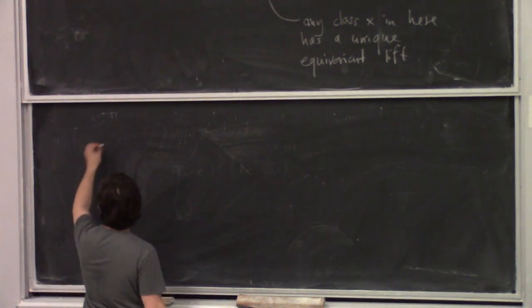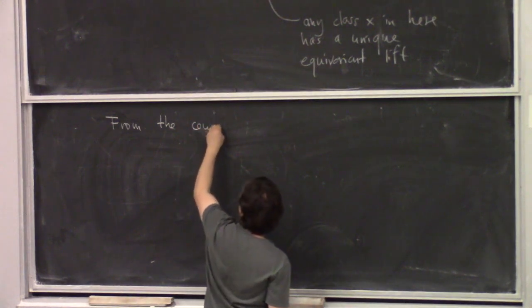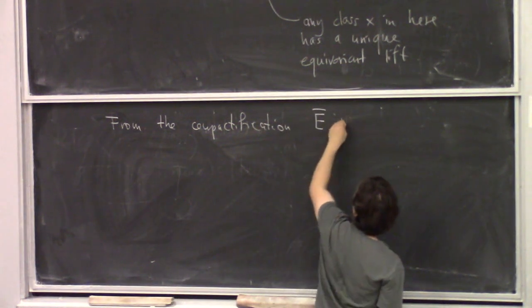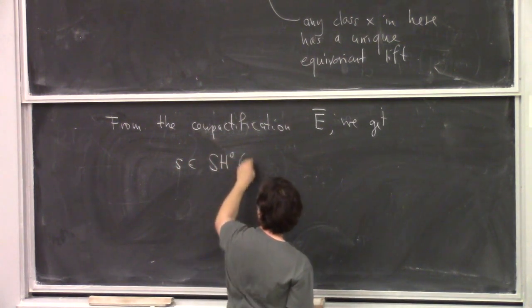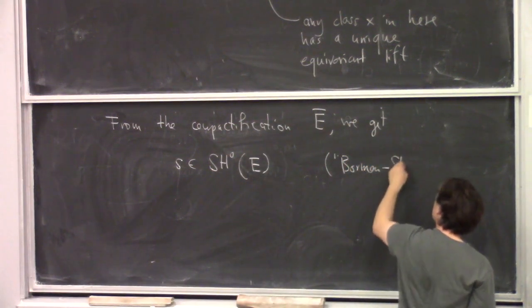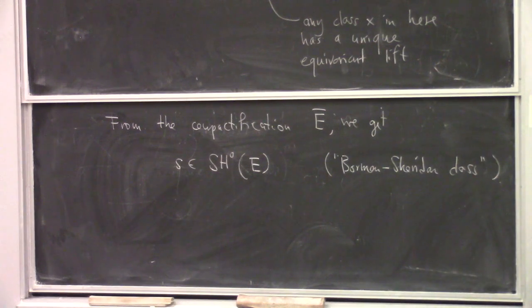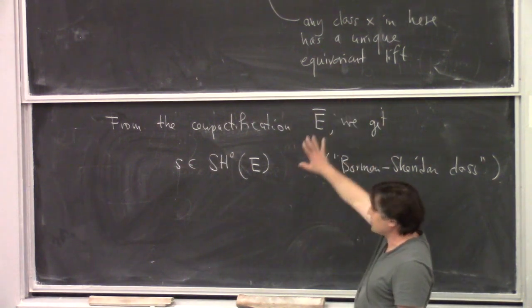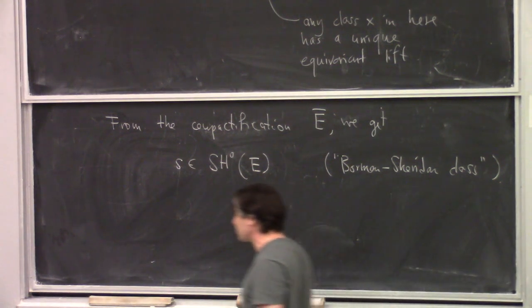Okay, so there is a distinguished class here, S in SH naught of E, the Ullmann Schrödinger class. Maybe this should be defined as an equivariant class, but it doesn't matter in this case because it's in degree zero. Okay? So essentially it is given by counting holomorphic curves going through the fiber that you just removed.